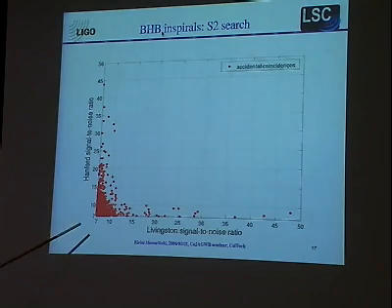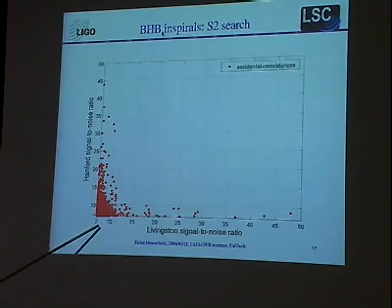So your eyes should be drawn here to two different regions. The first one is this region here, where we have triggers which have relatively small signal-to-noise ratio in each interferometer, so signal-to-noise ratio below 12 at Livingston and at Hanford.